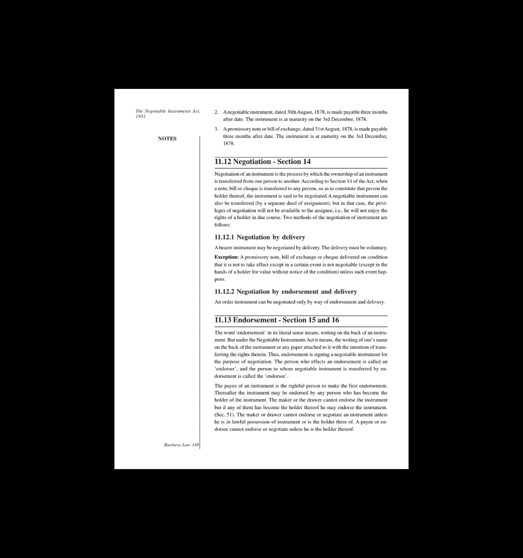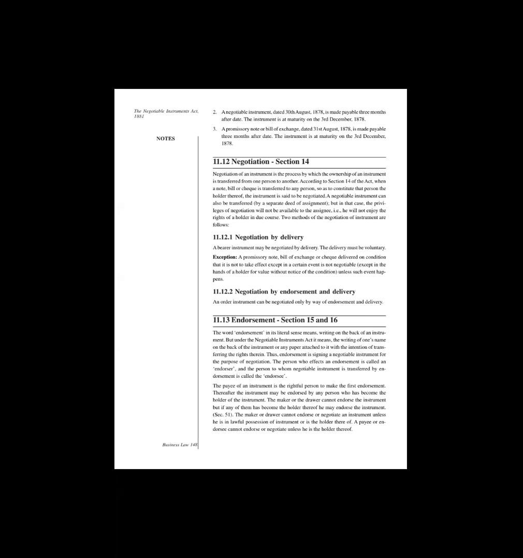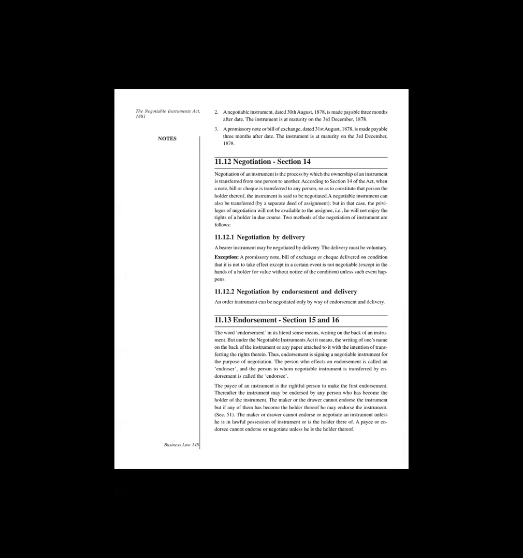The word endorsement is a little stylish. Ordinarily it means writing on the back of an instrument, but under the Negotiable Instruments Act it means the writing of one's name on the back of the instrument or any paper attached to it with the intention of transferring the rights therein.